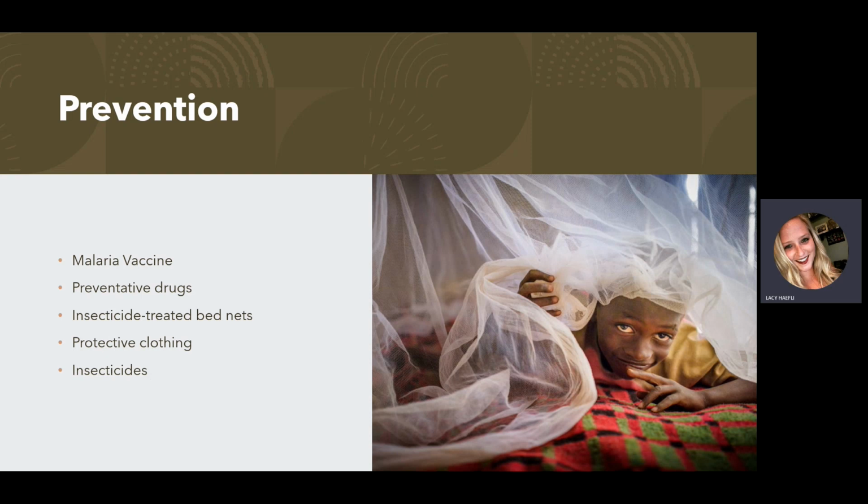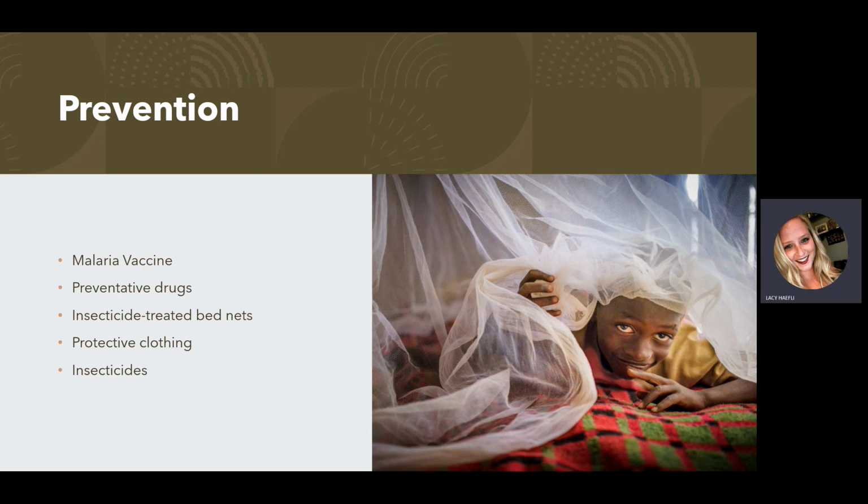This does, however, not directly prevent bites, but does instead kill them after they have fed when they go to rest on a surface. To be effective, though, it must be applied to very high proportions of households within an area, and that should be roughly 80% of households.